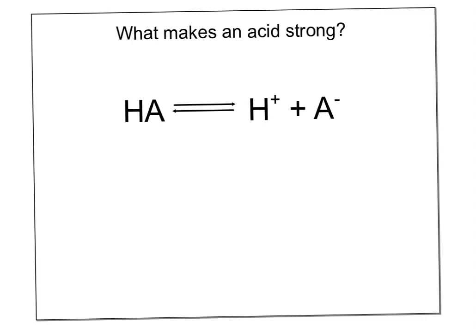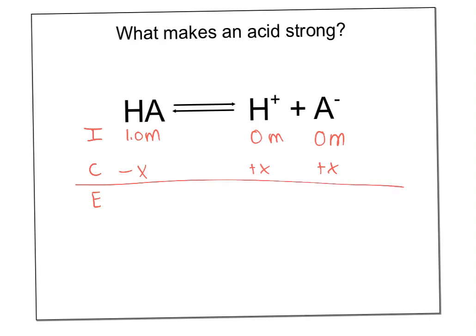What makes a strong acid strong is that if we did an ICE table, the breaking apart into H plus and A minus, let's say I had 1 molar of this, none of this to start, minus X, plus X, plus X. What makes an acid strong is that this breaks apart into 1 molar H plus and 1 molar A minus.